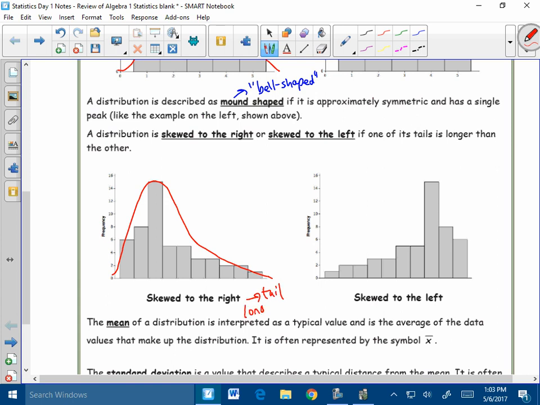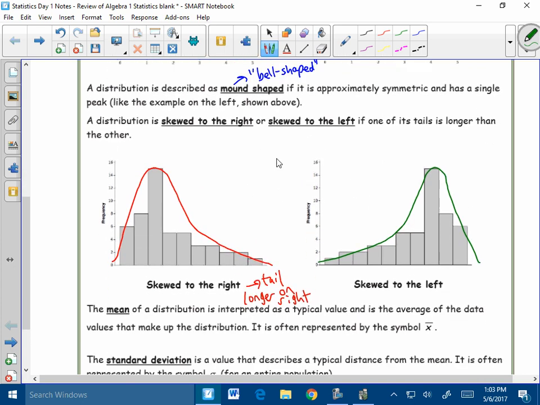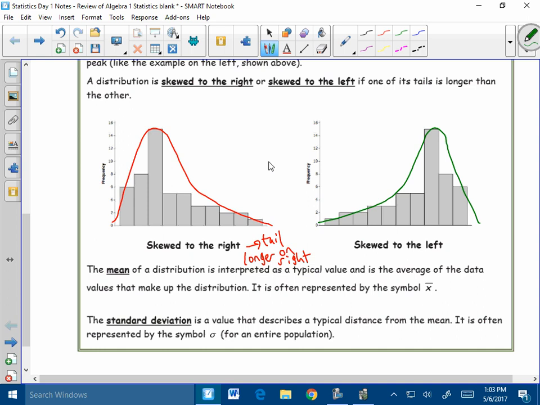So the tail is longer on the right when it's skewed to the right. And then this one is skewed to the left. Then we've got a much longer tail coming on the left side than we do on the right side. So bell-shaped, symmetric, or symmetric and not bell-shaped, and then skewed to the right, skewed to the left.